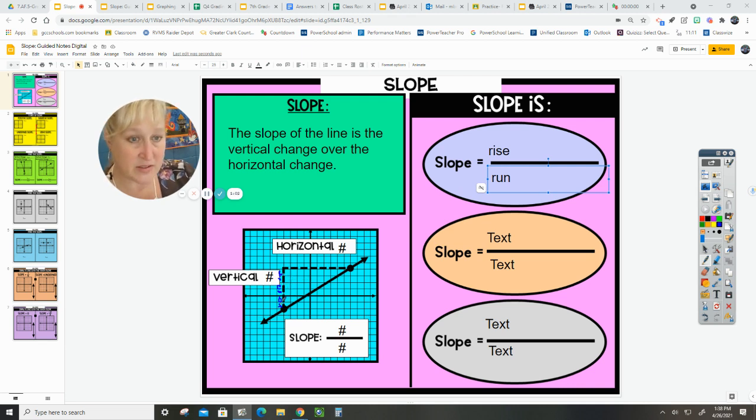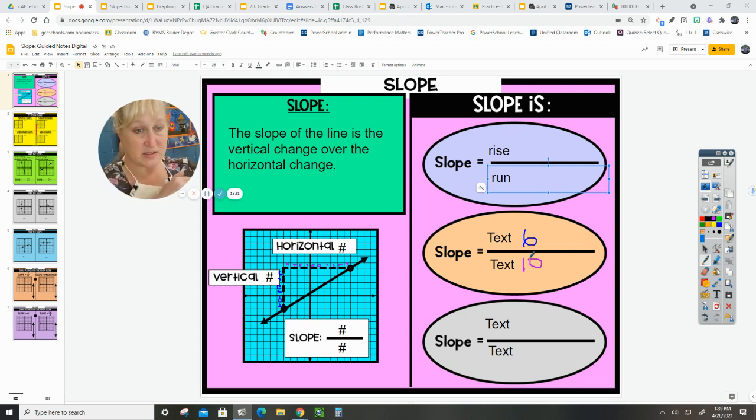The rise for this line is 6, and it's positive 6 because it's going up. The run will be 1, 2, 3, 4, 5, 6, 7, 8, 9, 10. So the run is 10.